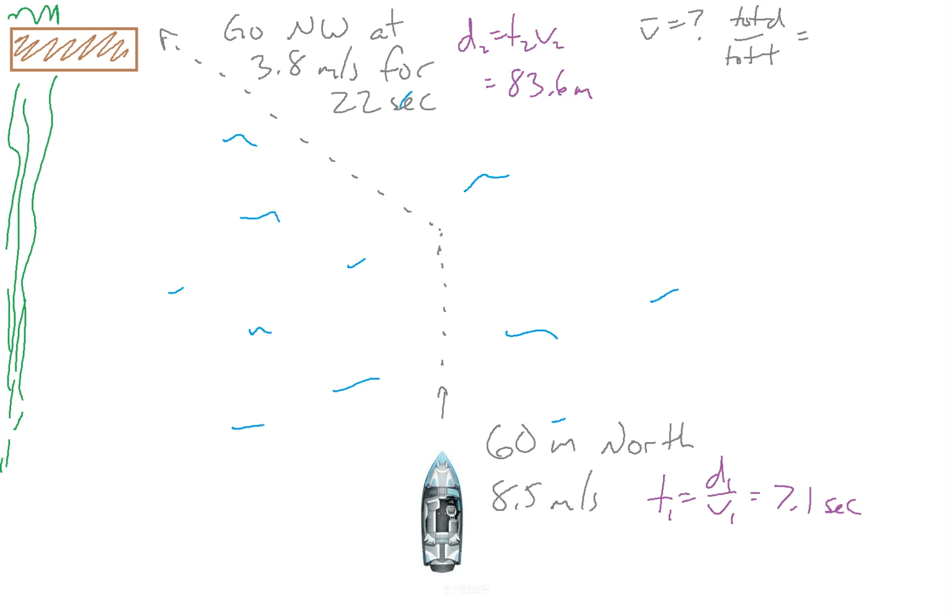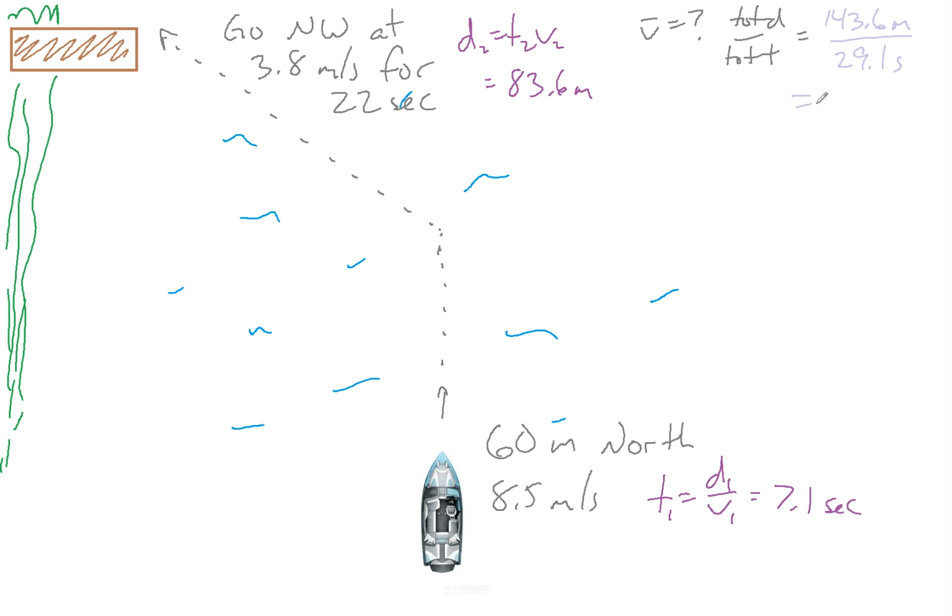My total distance, I'll take that 83.6 and add that to my 60, and that gives me a total distance of 143.6 meters. For my total time, I've got the 22 seconds, and I found the 7.1, so put them together, and I got 29.1 seconds altogether.